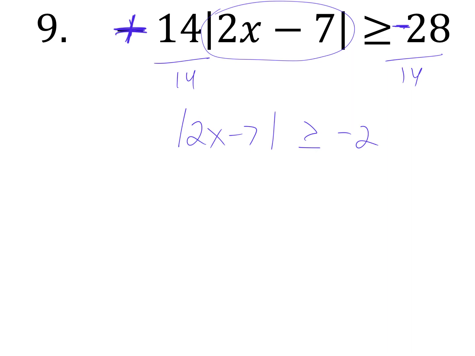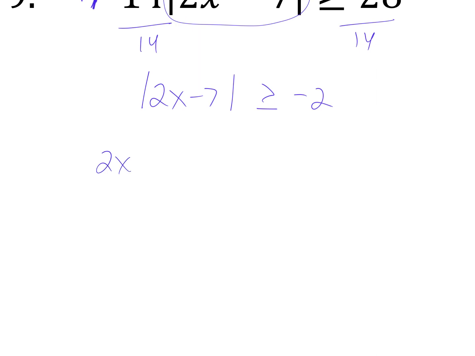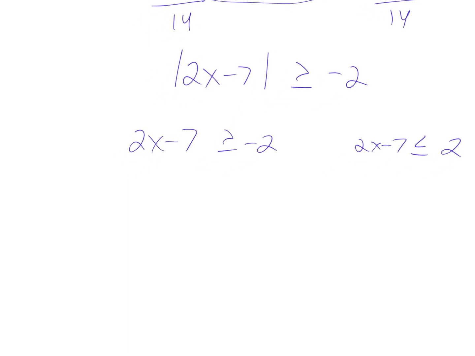You guys may have that on your quiz tomorrow. Some versions may not. So I would go ahead and go through the solving process. Is my absolute value by itself? Yes. Okay, so let's go ahead and 2x minus 7 greater than or equal to negative 2. 2x minus 7 less than or equal to positive 2. So add 7. 2x greater than or equal to 5.